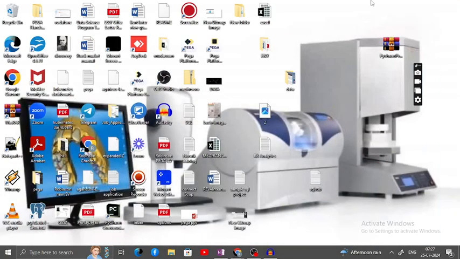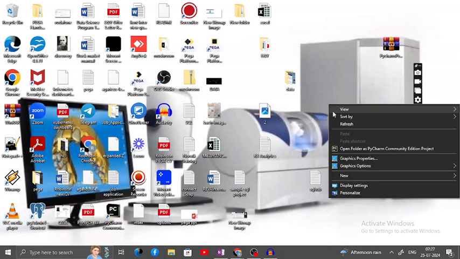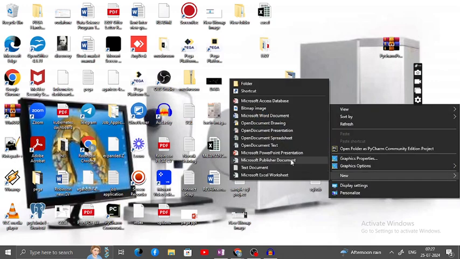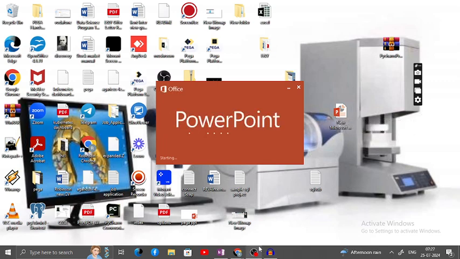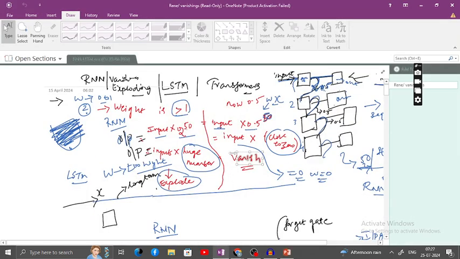So in order to overcome all this, we have introduced a new network called LSTM. Similarly, if you initialize the weights to the neural network, as we assumed yesterday, and the weights are less than 1, that is 0.5, you will end up with the vanishing gradient problem in a recurrent neural network.